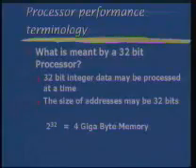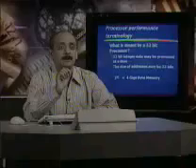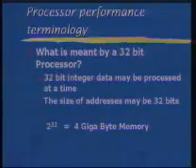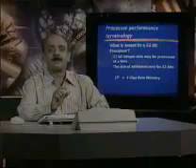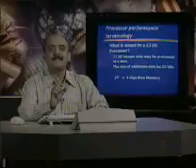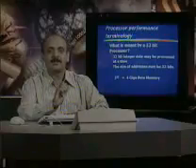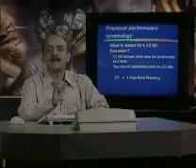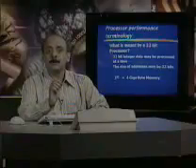The second one is the size of the address, which may be 32 bits. The significance of the size of address is that it is associated with the memory addressing capabilities of a particular processor. For example, if the address size is 10 bits, then a processor can access a maximum of 1K of memory, which is 2 to the power 10.